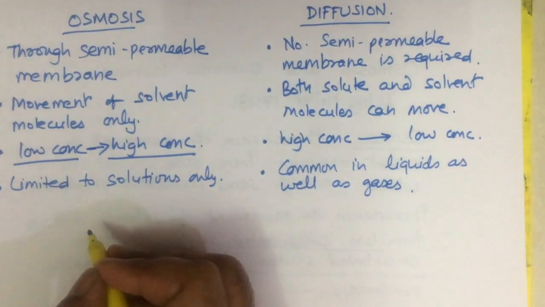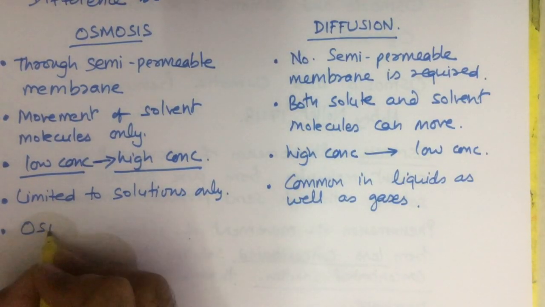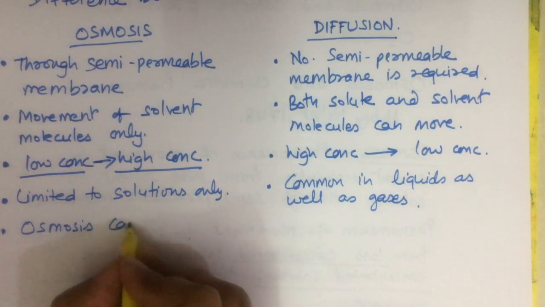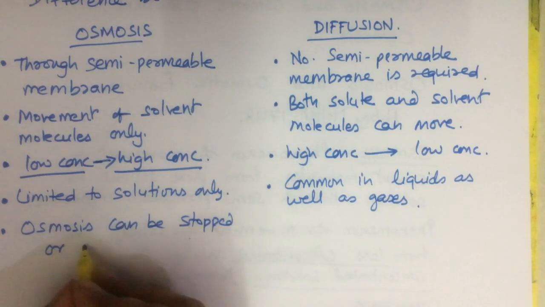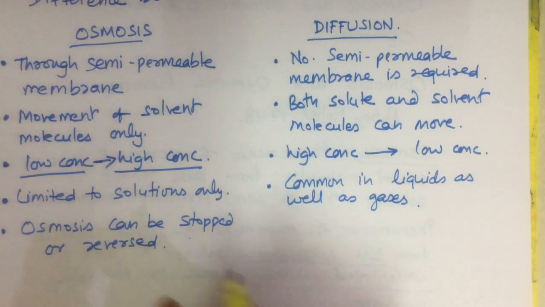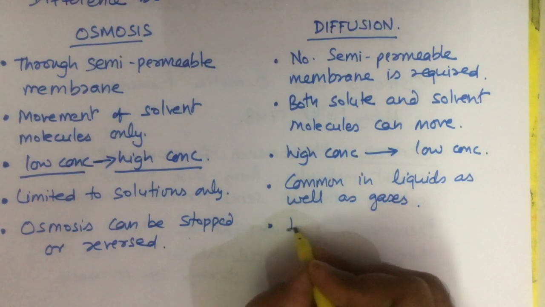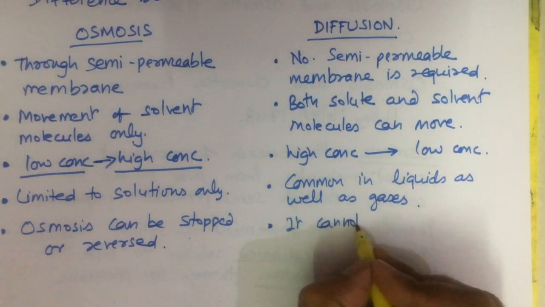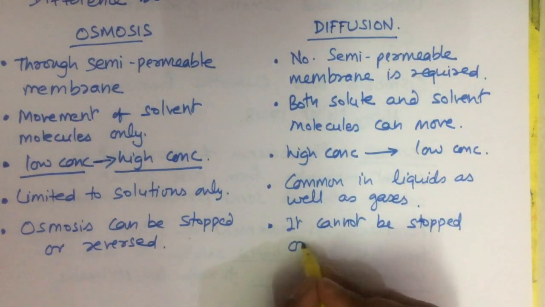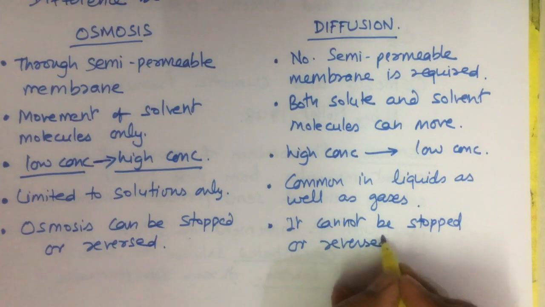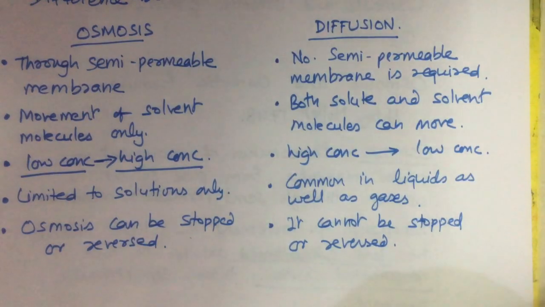And a very important difference between diffusion and osmosis is that osmosis can be stopped or reversed, but diffusion cannot be stopped or reversed. These are the points of comparison between diffusion and osmosis.